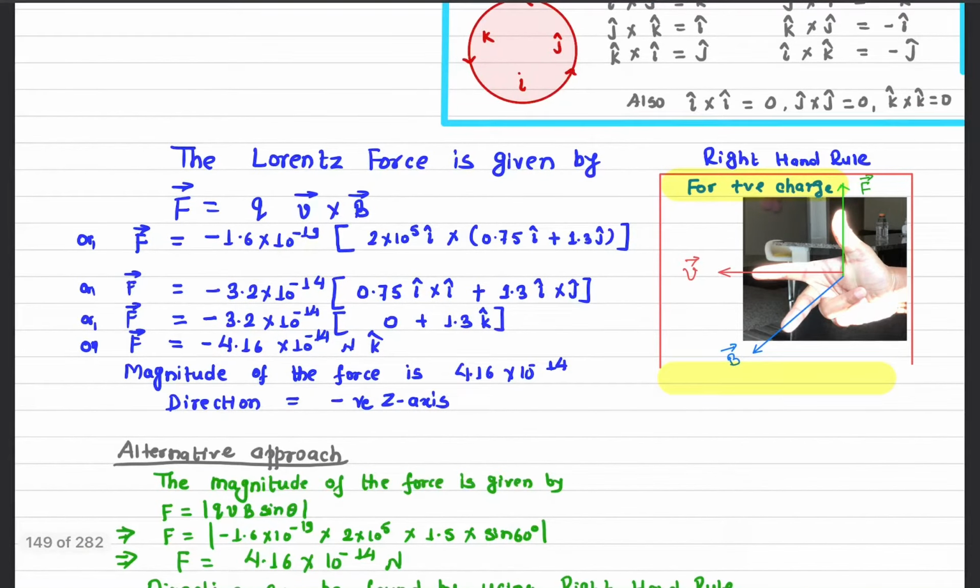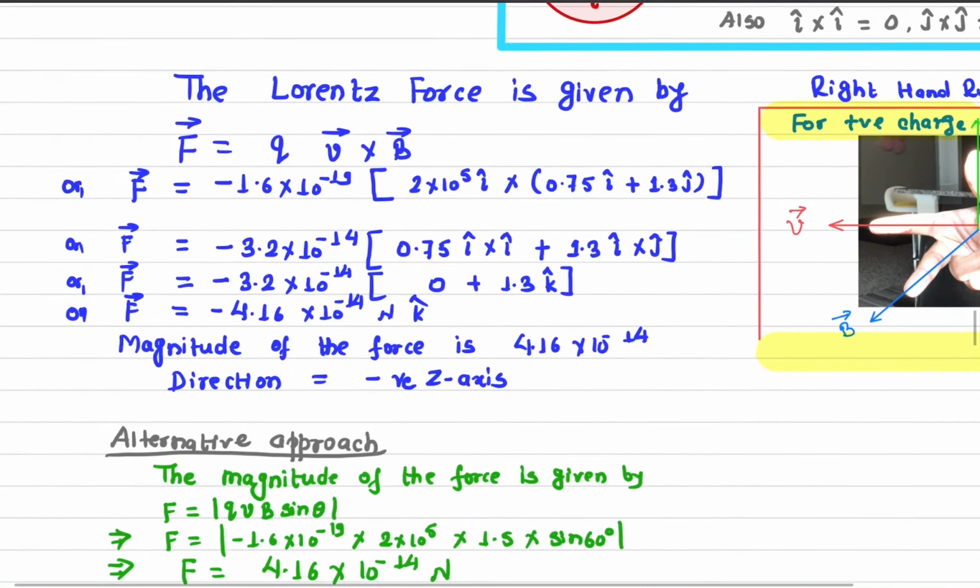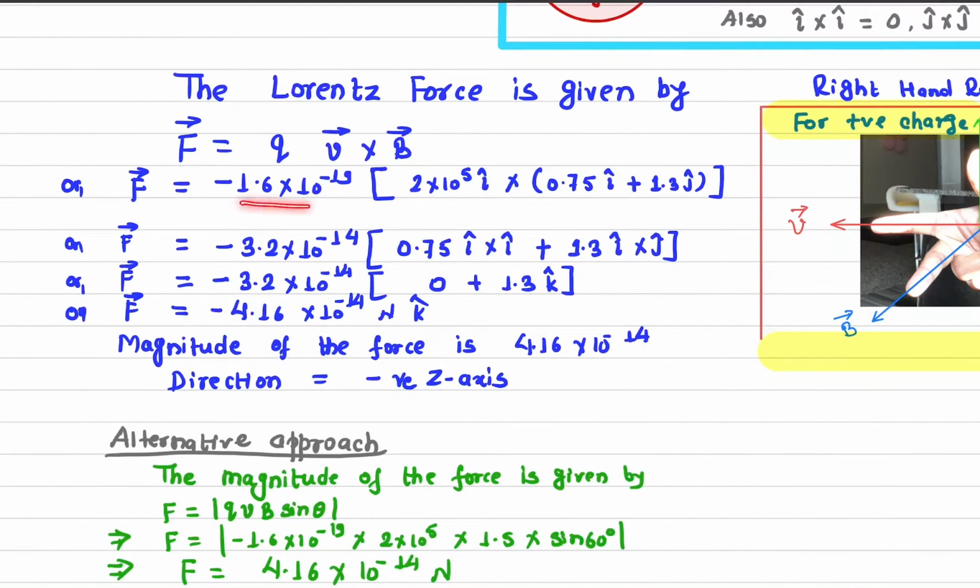Once I have written down all the given values, I am going to multiply the numbers. I multiplied this number with this number, and if I multiply these two numbers, I get this number here. Now I am multiplying the i vector times this term: 0.75 i vector cross i vector, then 1.3 i vector cross j vector. Always write them in the same order; you cannot change the order.